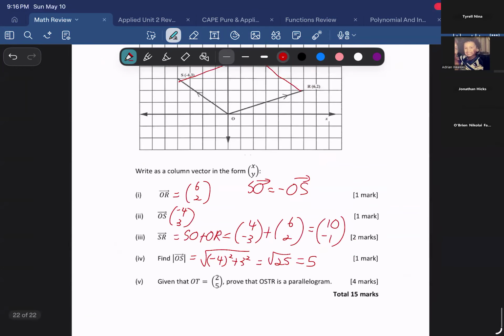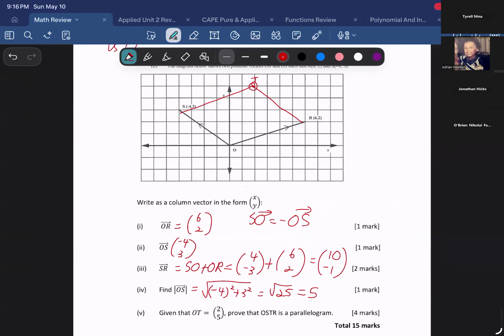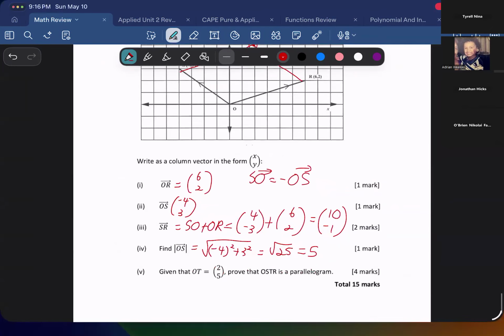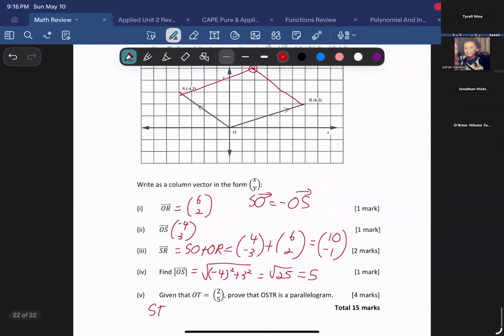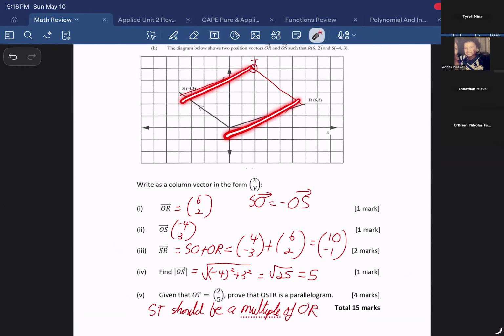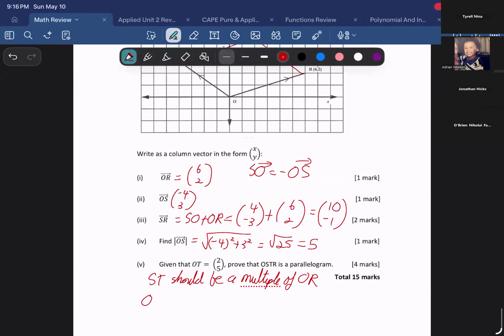So ST should be a multiple of OR, because you can see here these two lines should be parallel, or we could do OS should be a multiple of RT.